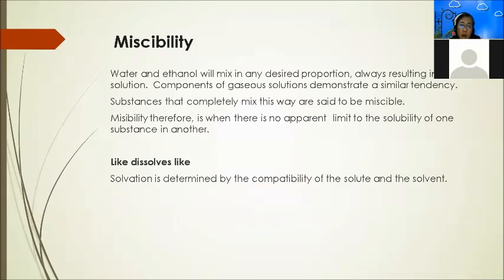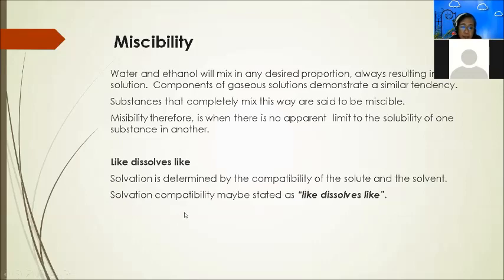So, ibig sabihin, polar substances can be dissolved in polar substances. On the other hand, non-polar substances will dissolve in what? Non-polar substances. So, solvation, therefore, is compatibility, which can be stated as like dissolves like. That's what we mean by that.